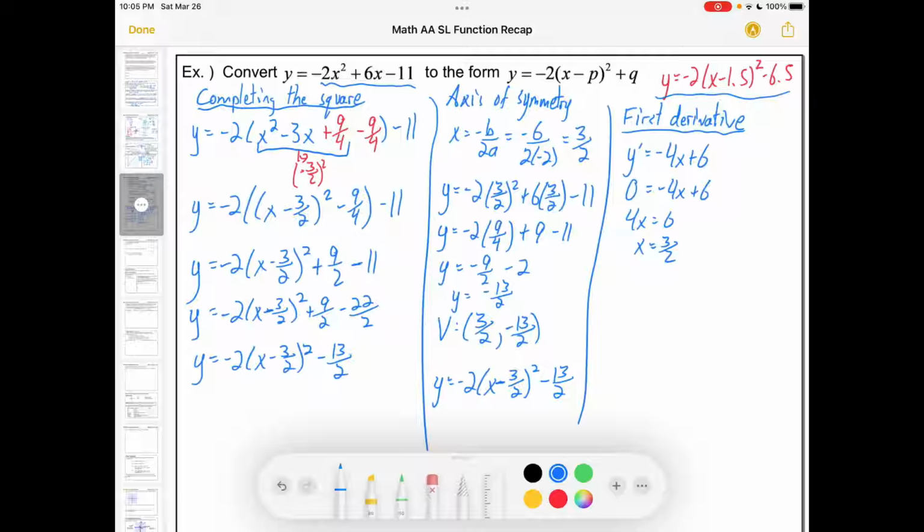That's where we're going to be turning around on the graph, and we can similarly find out that the y value is negative 13 over 2 using the same technique that we did over here. That's going to let us know that the vertex is this, and the result is the exact same. You can use whatever technique you want, but make sure that you're conversant in at least one of these.